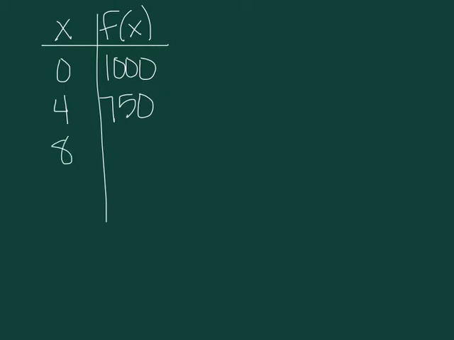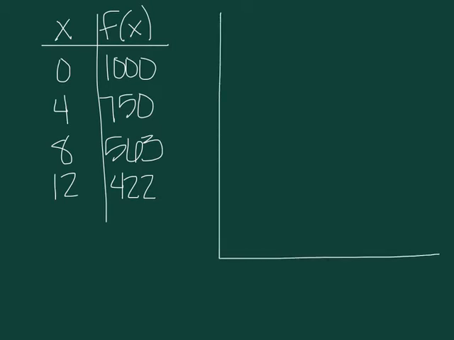When x is 8, f of x is, what did we decide? 563. At 12 hours, we would have 422 milligrams, and so forth. So let's go ahead and graph this.